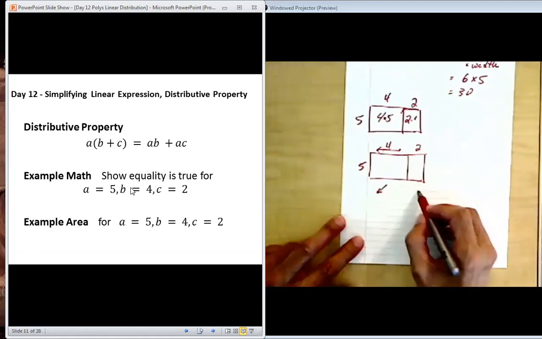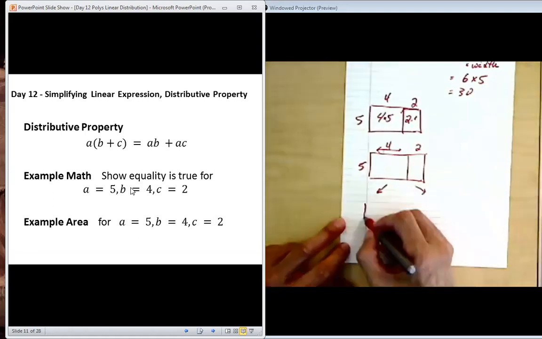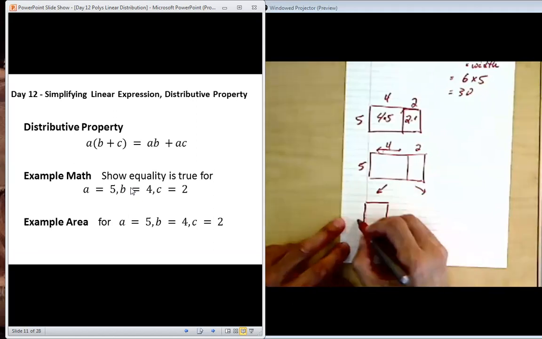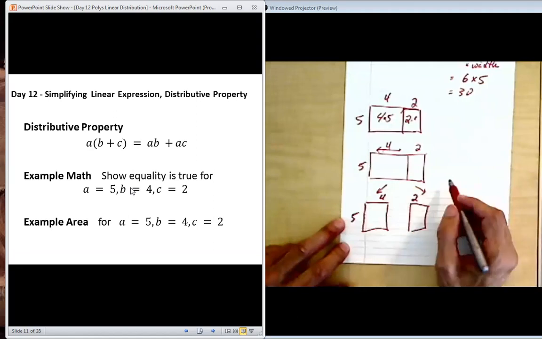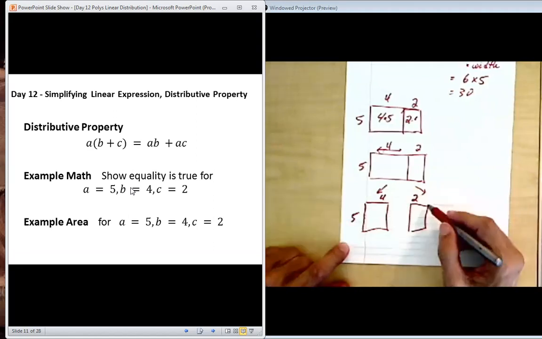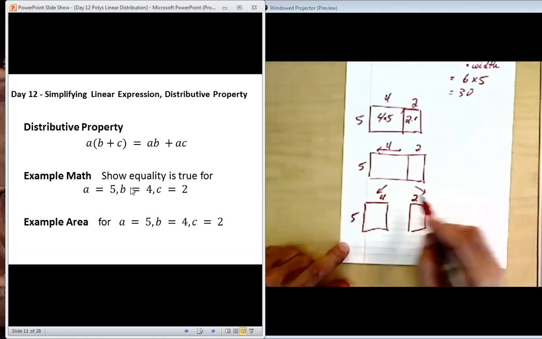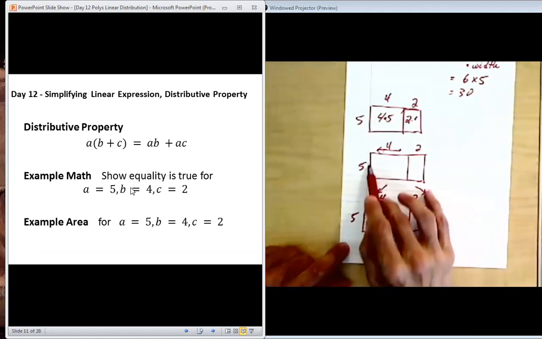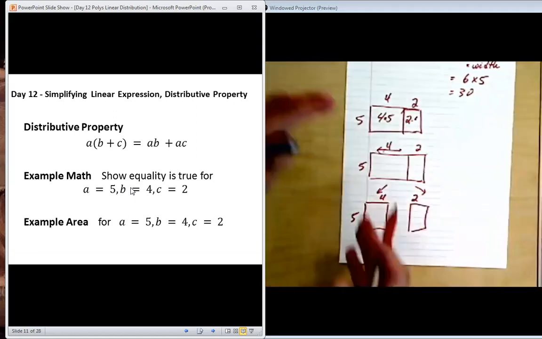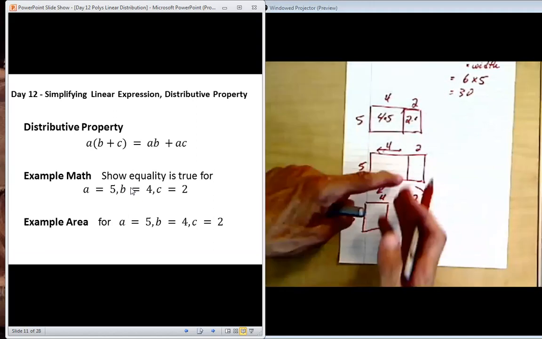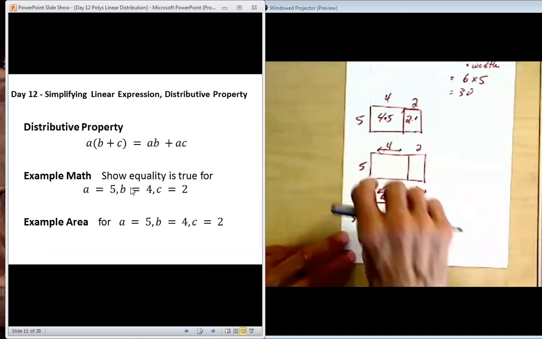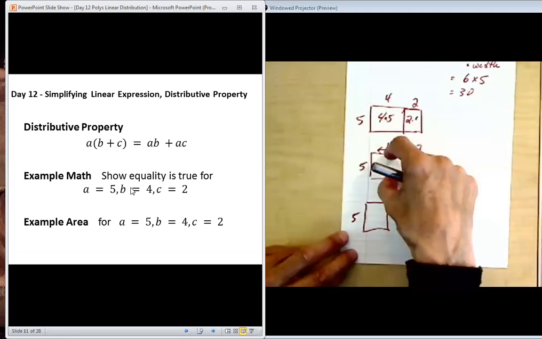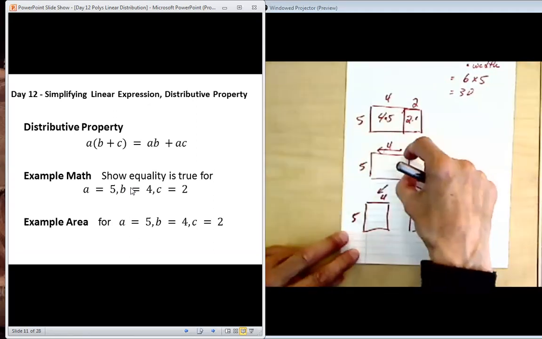Watch, you can split this into 2 separate parts. That's a 5 and a 4, and this is a 2 there. How long is this side got to be? That side there is 5. See, 5 across, right? If this length is 5, then when I put it over here, that length is 5 as well.